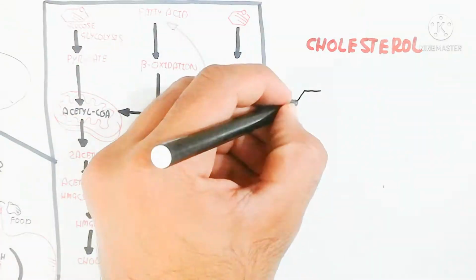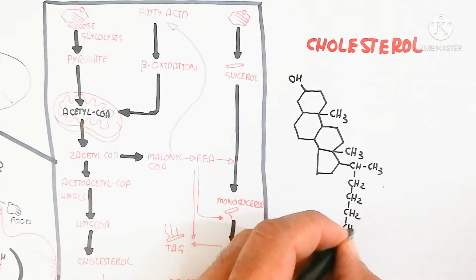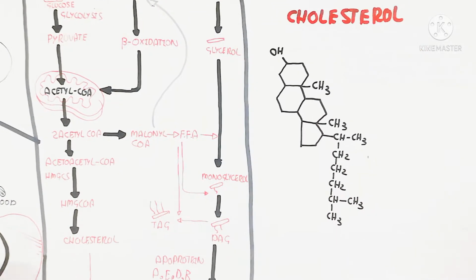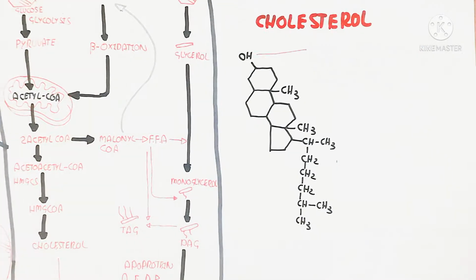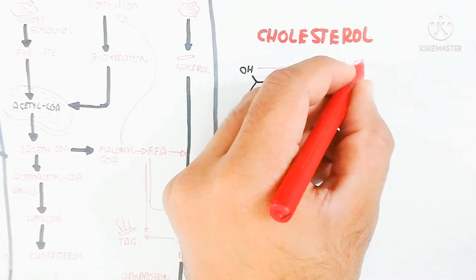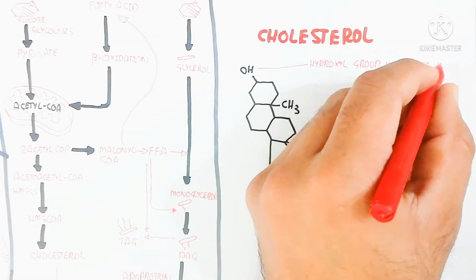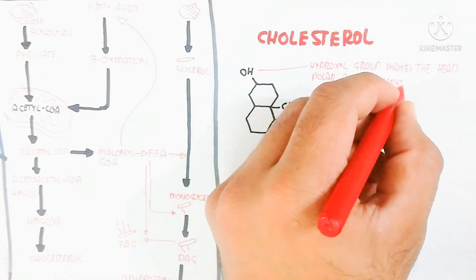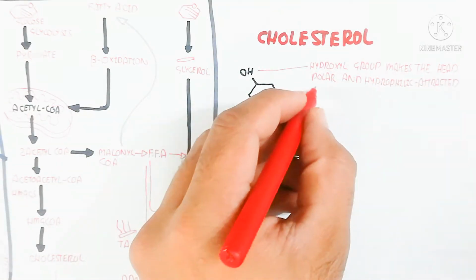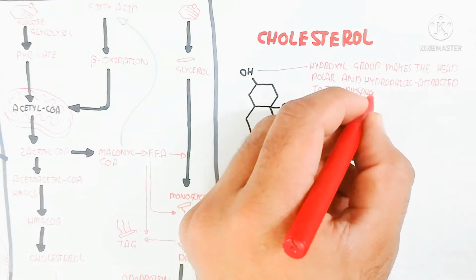So we will discuss the cholesterol, and here is the cholesterol formula, which contains a hydroxyl group that makes the head polar and hydrophilic, attracted to the phosphate head on the periphery of the membrane, while the carbon ring is not classed as a fat or oil.